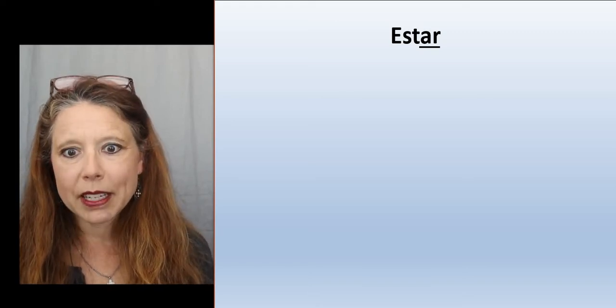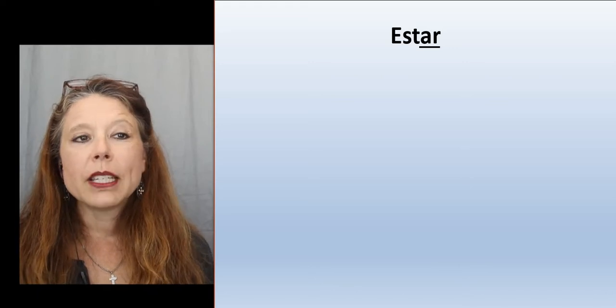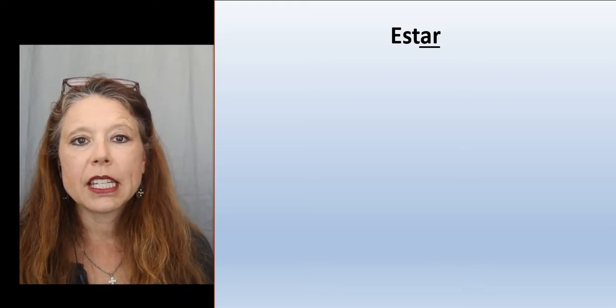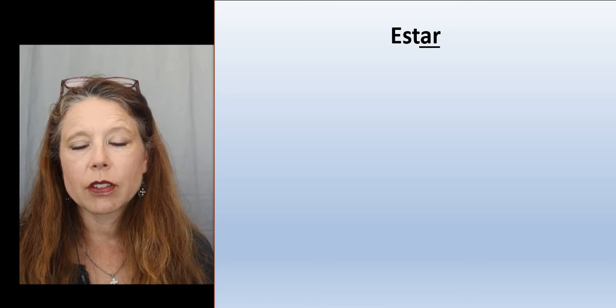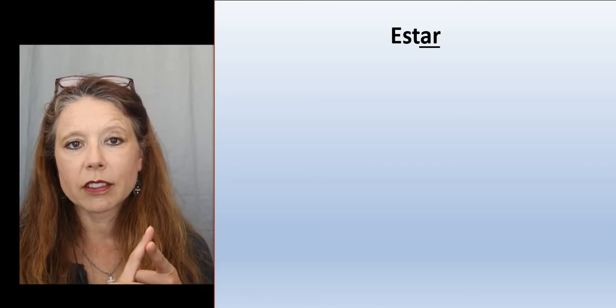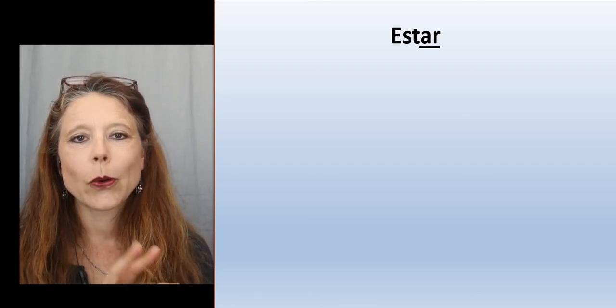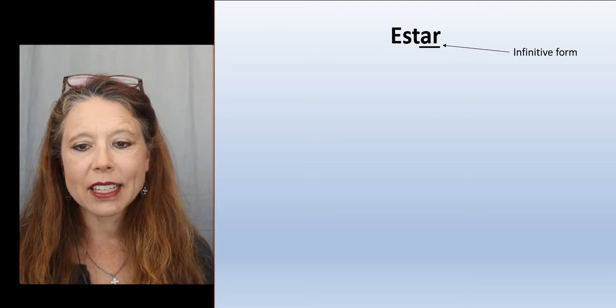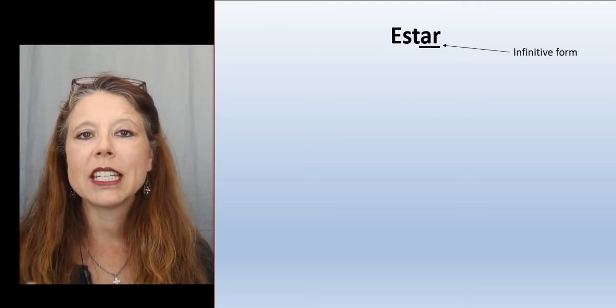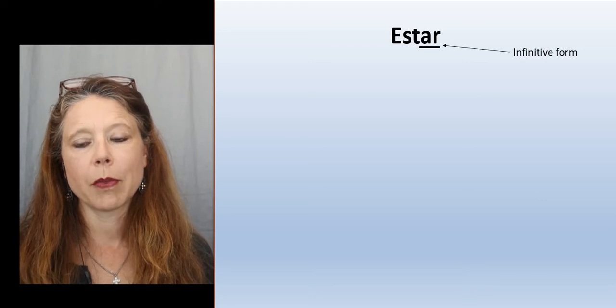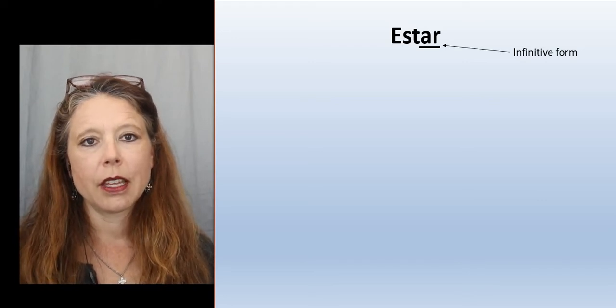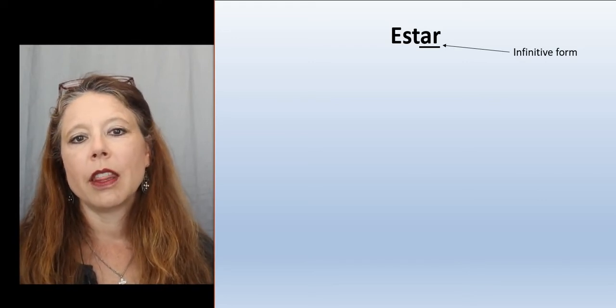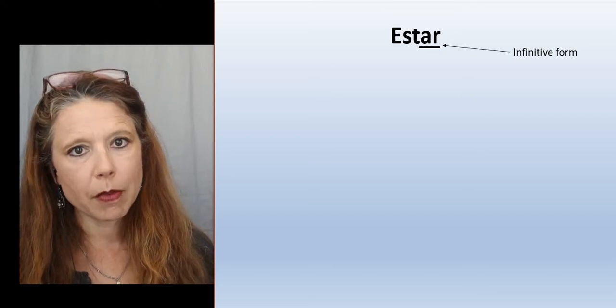What does that mean? Well, when we see the verbs that end in an R in Spanish, they either end in AR, ER, or IR. That is what we call the infinitive form of the verb. In other words, the unchanged form of the verb.